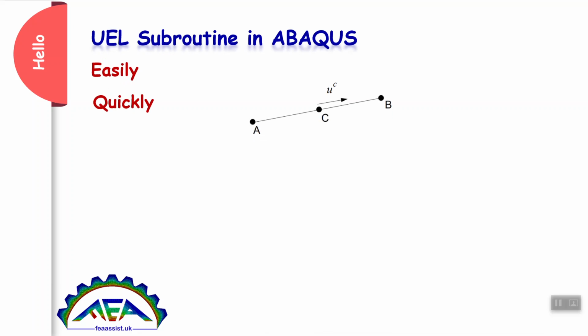UEL is a subroutine to define a new element in Abaqus. Consider you have a one-dimensional element with points A and B. For example, temperature in this element is interpolating between the temperature of point A and temperature of point B. So an interpolation function computes and defines the temperature at any point in this element.